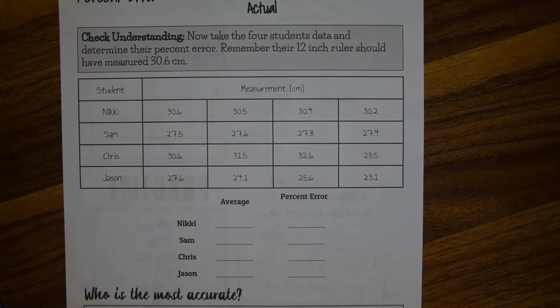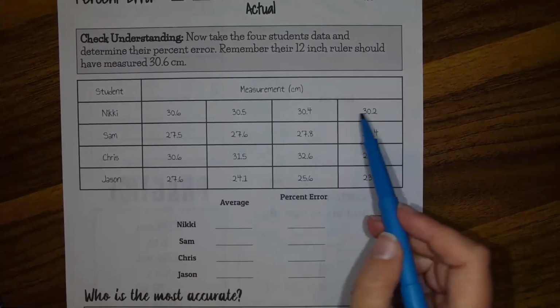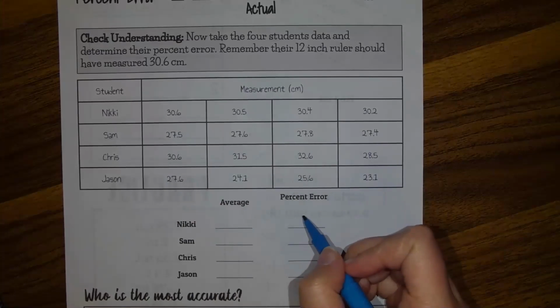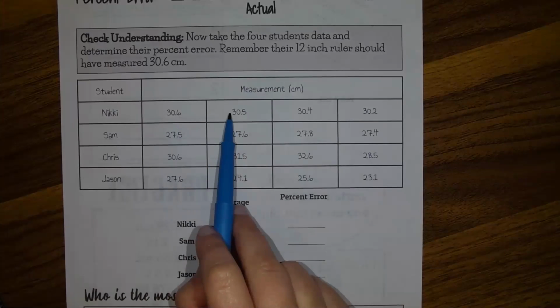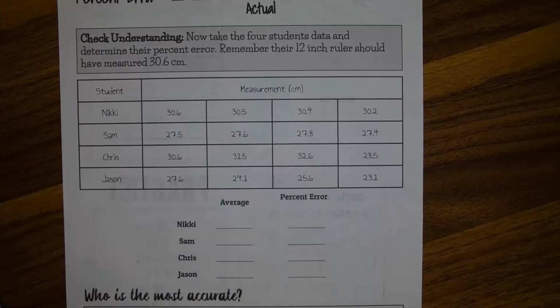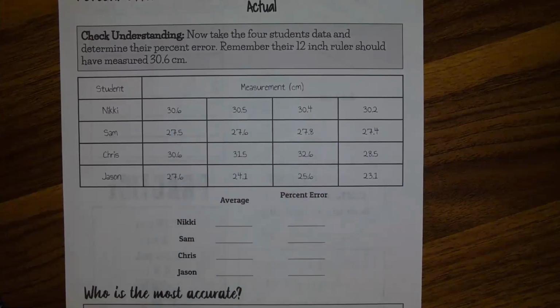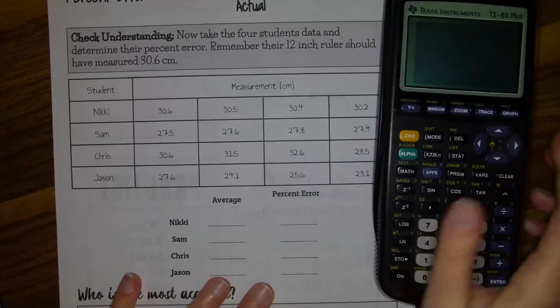So when looking at Nikki's, before we can actually do any of these, we need to take an average and then use that average to determine our percent error. So we have 30.6, 30.5, 30.4, 30.2. If you average those together, I'm going to get my calculator out for you.